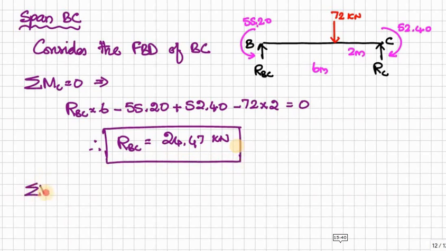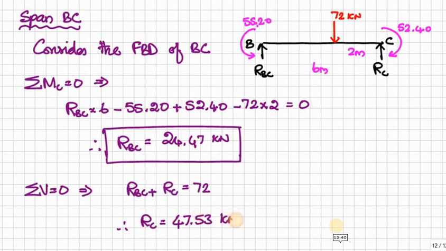Now apply sigma V is equal to 0 to get the value of RC. Therefore, RBC plus RC is equal to the total downward load 72. Therefore, RC is equal to 47.53 kilonewton.